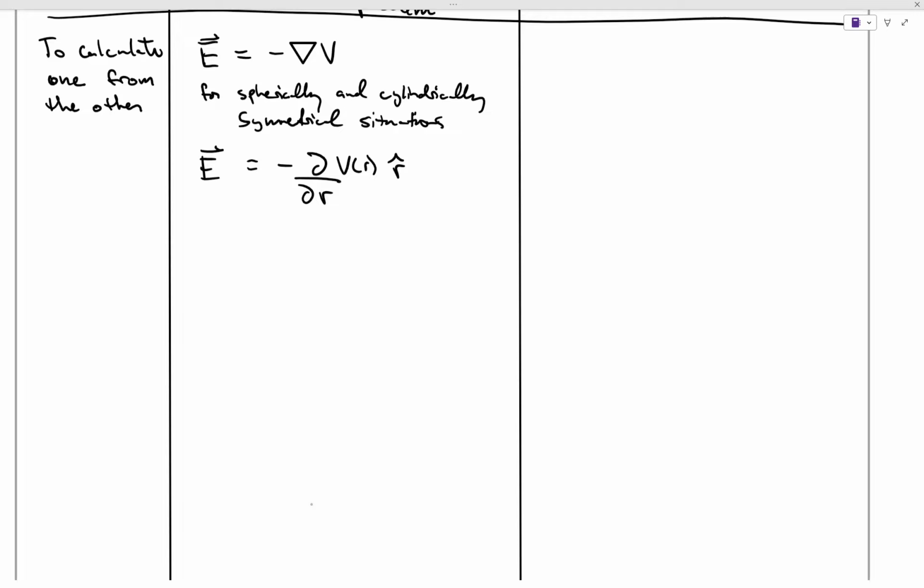The counterpart to this would be, how do you get V from E? And that is integration. So this looks like this. Now, in general, this would involve a dot product. It depends on both the direction of the electric field and the direction that you're integrating in.